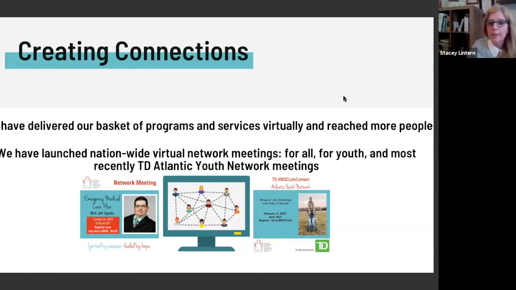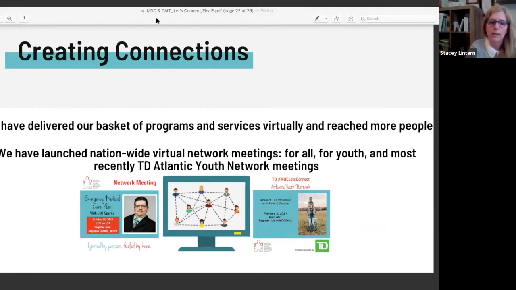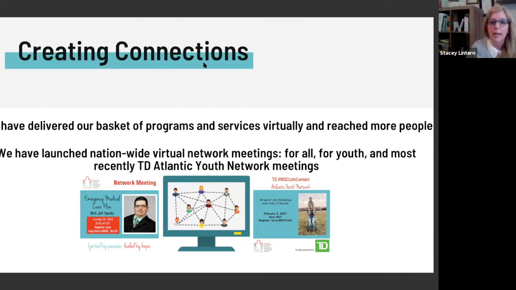Most recently, we've heard that the CMT community would feel that they would benefit from a similar model. What we really want to do is investigate. As an organization, we're committed to meeting the needs of the CMT community, and will continue to investigate if this is an area that MDC can provide some support. Again, we don't want to duplicate efforts.